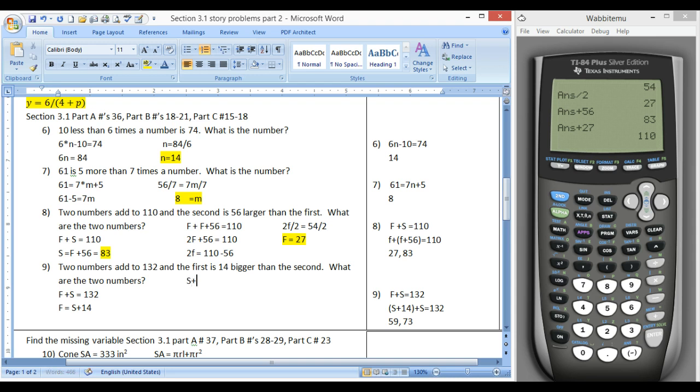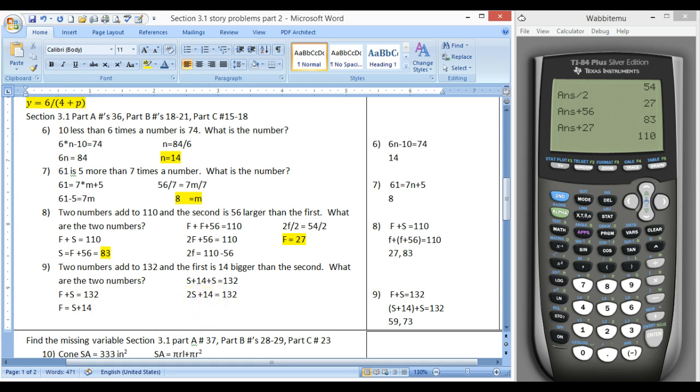S plus 14 plus S. So I've substituted it in for F, then I need to add S, and equals 132. Okay, so now on the left-hand side I need to combine my variables. Adding those together gives me 2s plus 14 equals 132.